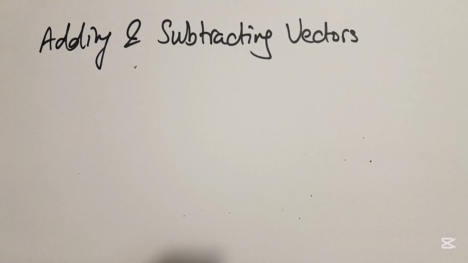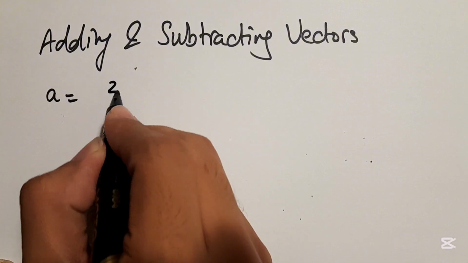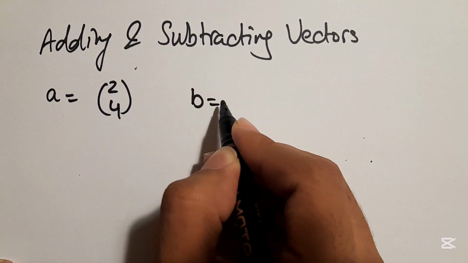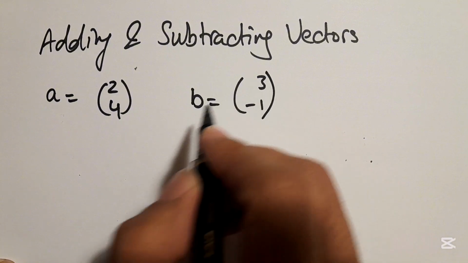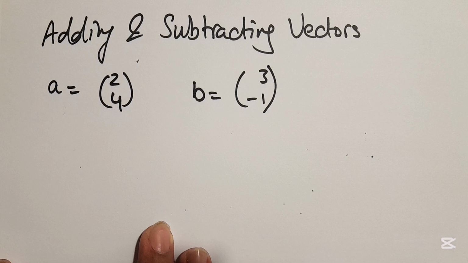Now that we know what vectors are, let's talk about vector addition. The rule is simple: add the x values together and the y values together. So for example, if we have letter a, which is (2, 4), and for b we have (3, -1).